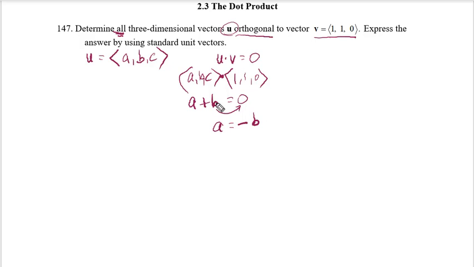And the third component, since it's not even in the picture, can be anything whatsoever, which means our vector is going to look something like this. We can have an A for this component and a negative of A for this component, and anything whatsoever for this component.